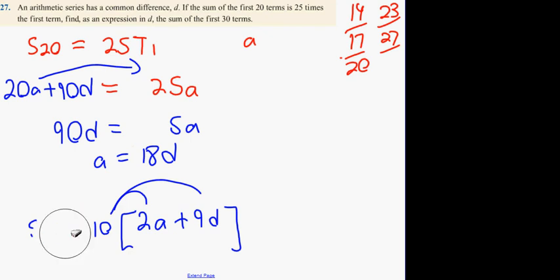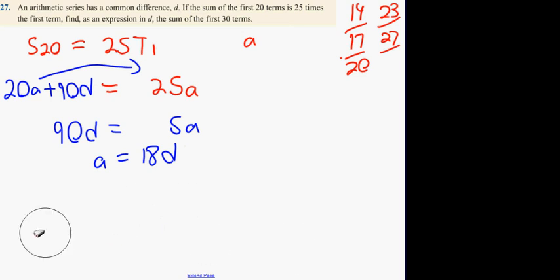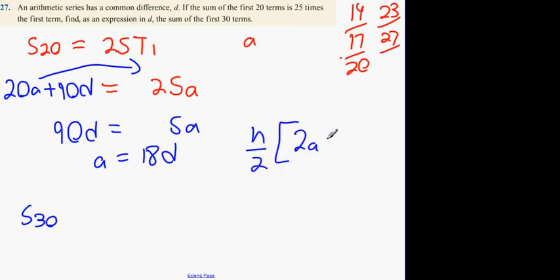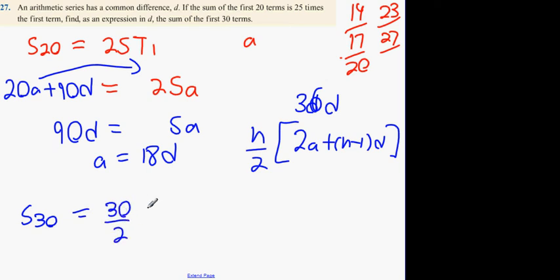Now, what it asks is to find the expression in terms of d for the sum of the first 30 terms. So the first 30 terms is S30. And once again, S30 is going to use this formula here. Now, 2 times a is going to be 36d, so it's 30 over 2 times 36d, and then plus n minus 1 times d, so plus 29d.